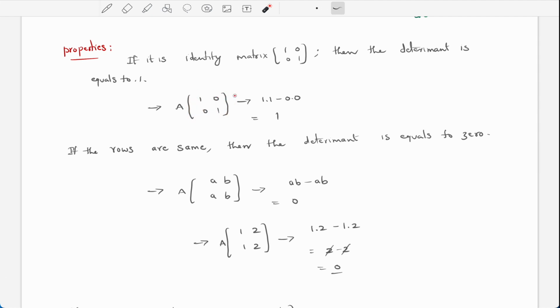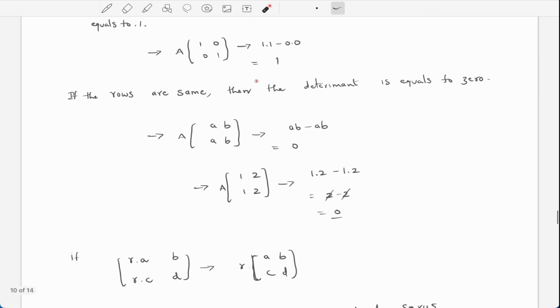This is called an identity matrix. We're going to cover it maybe in our next lecture. We simply multiply these two and these two: 1 into 1 is 1, and 0 into 0 is 0, and the answer is always 1. The resulting answer is also 1 because it is an identity matrix. So if we calculate this determinant, the answer is always 1.